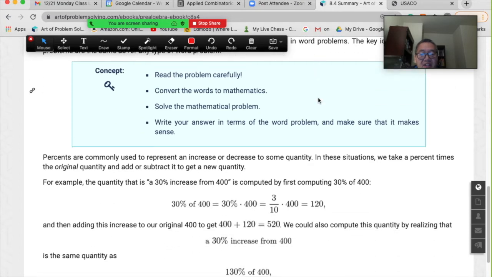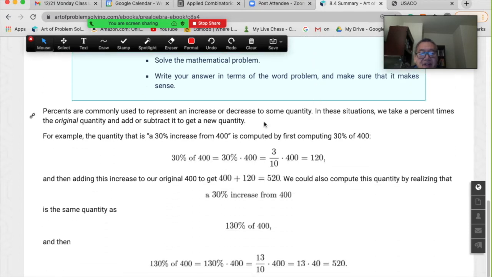Then, a very important type of problem. We calculate, for example, 30% of 400. You just use 30% times 400. You get 120. We also learned a 30% increase from 400. That means you need to use 400 times 130%.